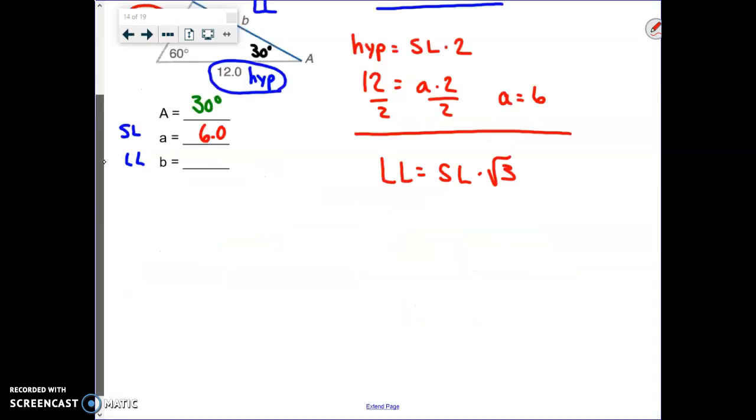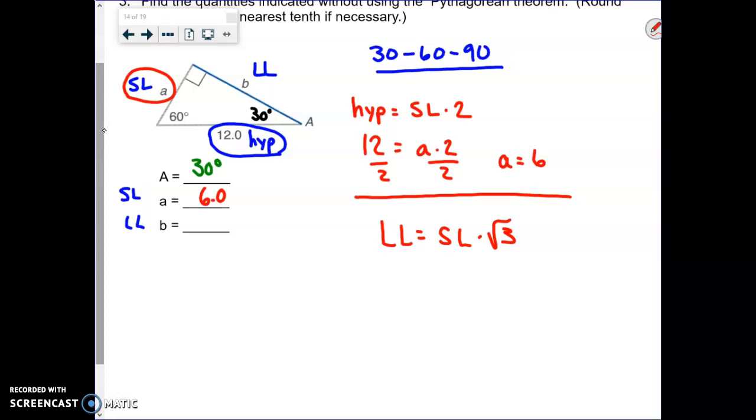So, if you take the long leg, which we're trying to find, that's B, that's equal to the short leg, which we found out to be 6, and we're going to take that times the square root of 3. Now, you can use the decimal value here. Just go ahead and put the square root of 3 into your calculator, and you get something like 1.732. You get a big long decimal.